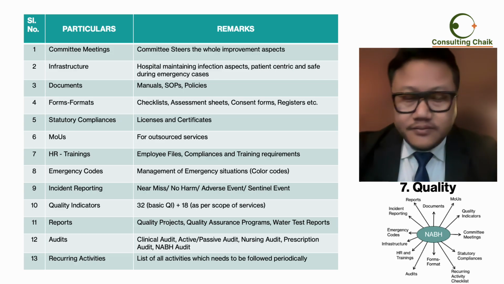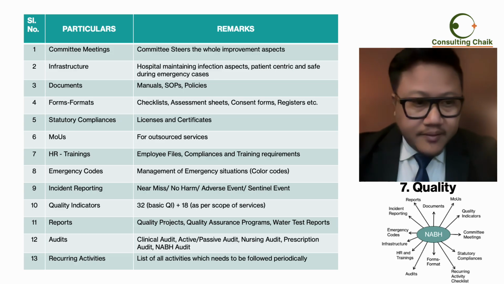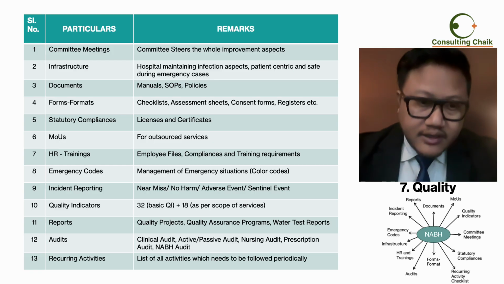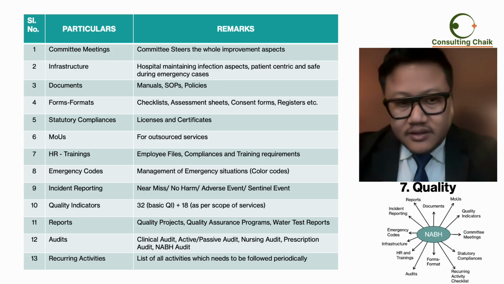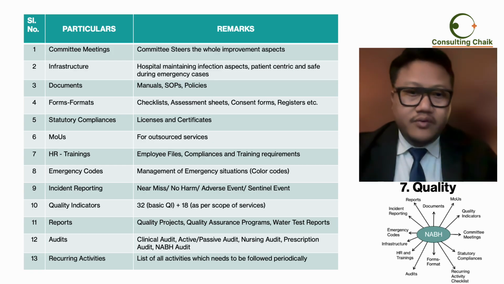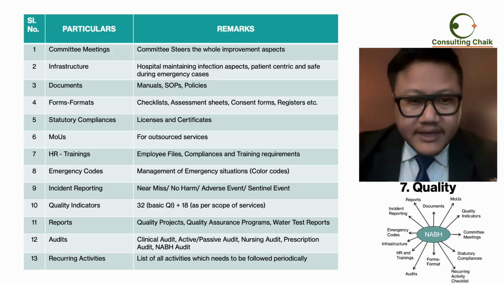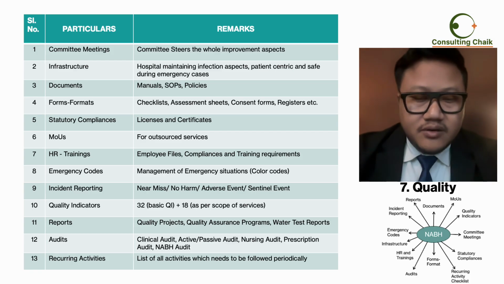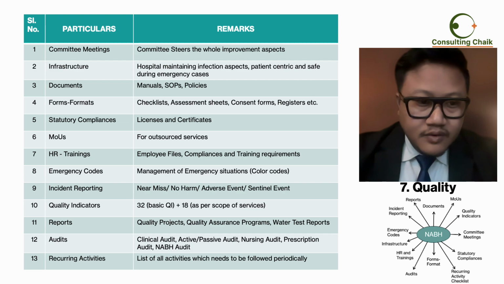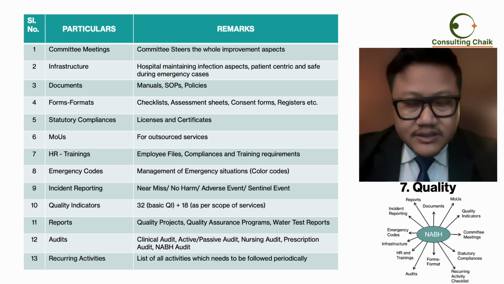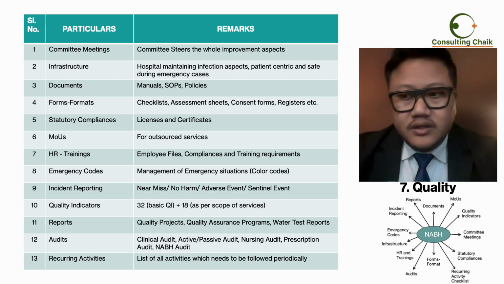So a lot of reports. Then audits: your clinical audit, passive, active audit. Reports will be generated from these audits: active, passive, nursing audit, prescription audit, NABH audit. Then recurring activities. This is the list of all the activities that need to be seen periodically.